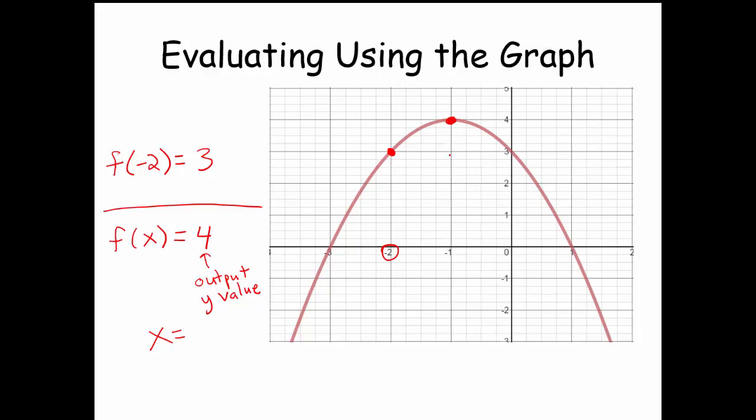And what is the x value of that point? Negative 1. So if I was trying to solve f of x equals 4, to find the input that will give me an output of 4, that input is negative 1. So basically I'm saying that f of negative 1 is 4. And you can check that. The x value is negative 1, the y value is 4.